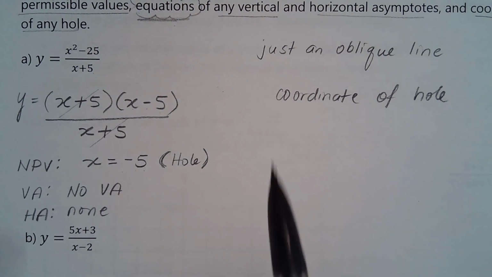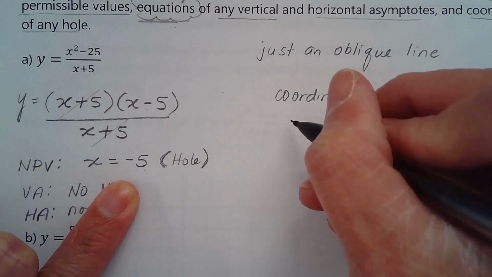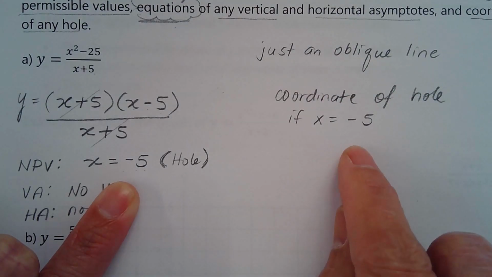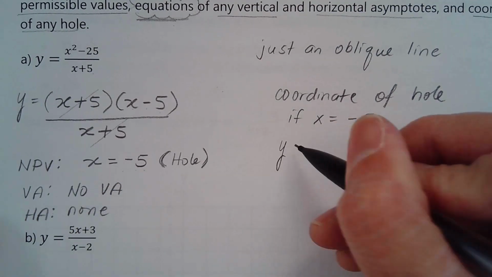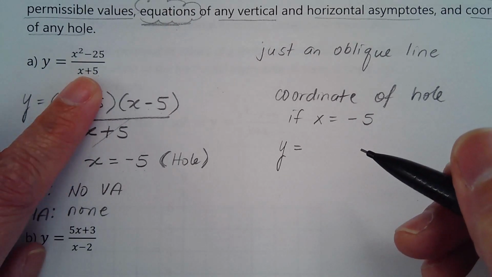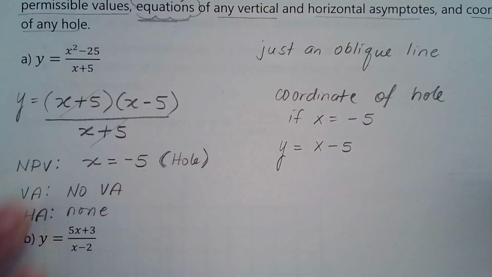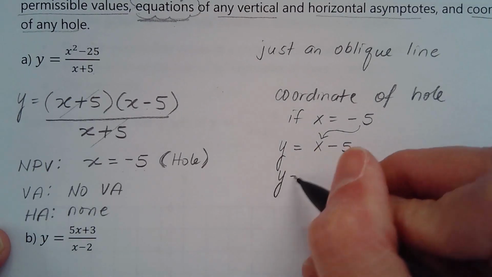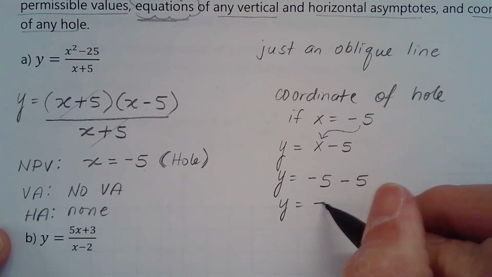So anyways, coordinate of the hole. We know the hole is going to happen if x is equal to -5. Now, if x is -5, what is the y? So y is equal to, we've already canceled the x plus 5. We have just the x minus 5. We're going to put -5 over there. So y is equal to -5 minus 5. So y is equal to -10.